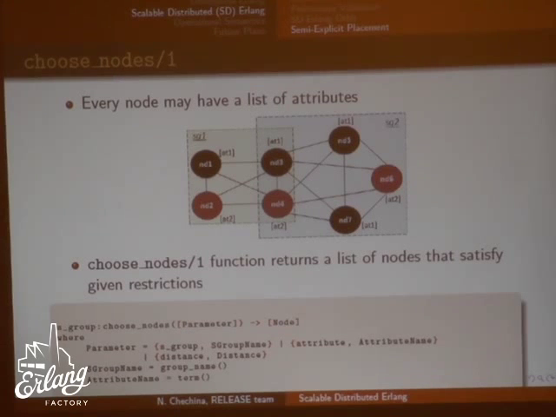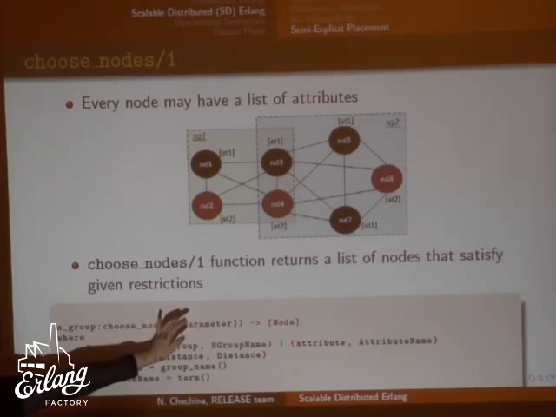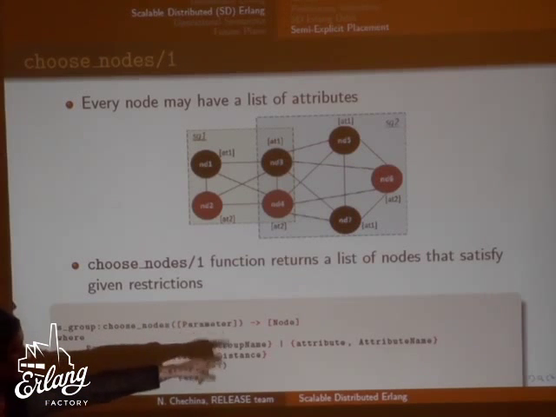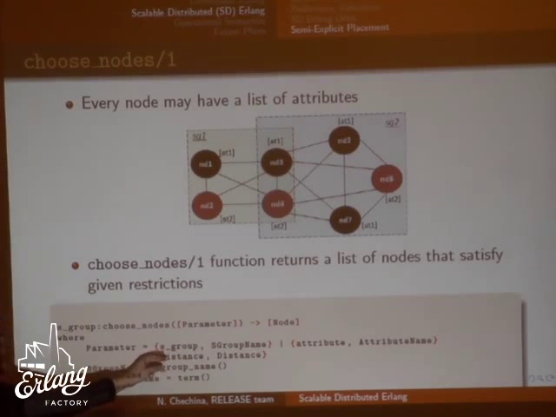Or we can group them according to locality, but then give them attributes. These attributes can be some software, some parameter, or, I don't know, somebody's friend's computers or something. Using all those attributes will also help. So we came up with a choose nodes function, and it takes a list of parameters. Those parameters can be an s_group, an attribute, or a distance.